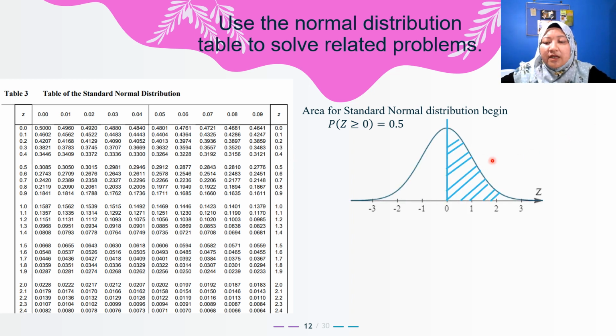Okay, this one is the diagram. Maksudnya dekat sini, total area below 0, above 0 is 0.5. Dan dia adalah simetri. So, bila dia simetri, maksudnya kawasan yang tidak berlorek ini adalah Z less than or equal to 0, also 0.5.